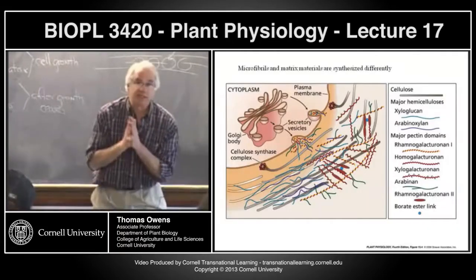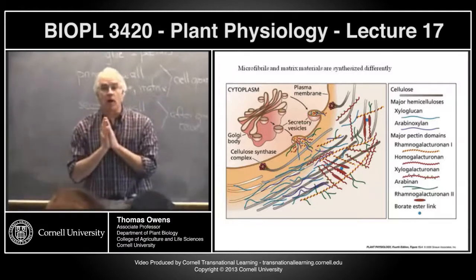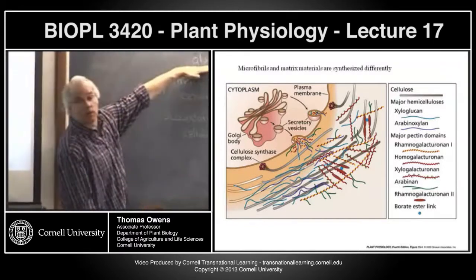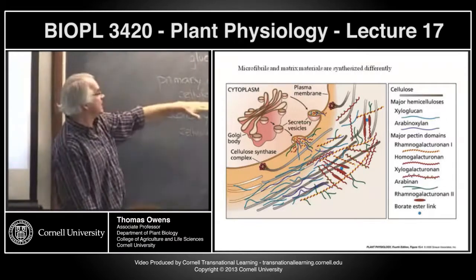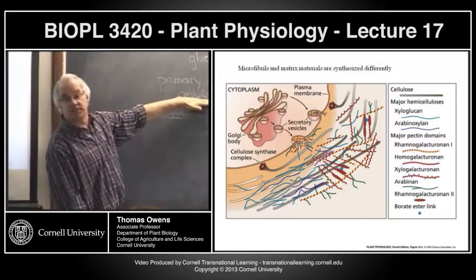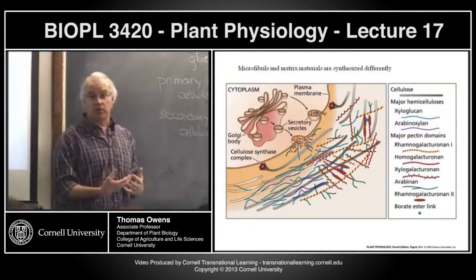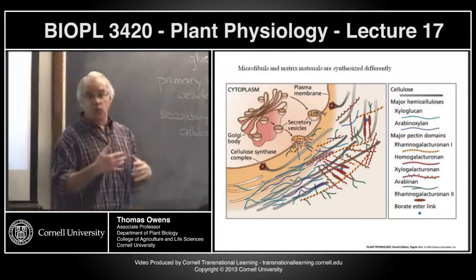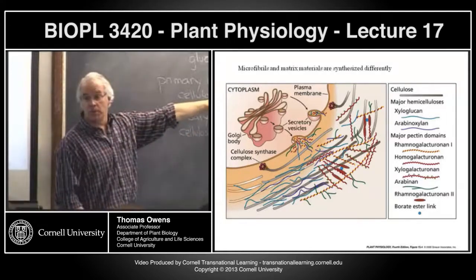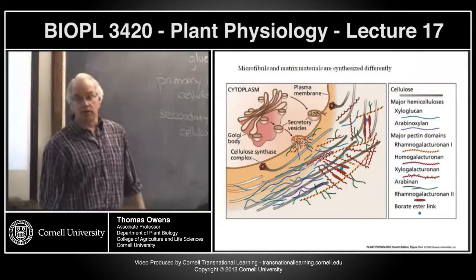Okay, so let's think more generally about the overall synthesis of the cell wall, because basically we said the main part of the cell wall, once we get past the middle lamella, consists of two different types of materials. It consists of cellulose, the analogy to the glass fibers in fiberglass. They're the things that give the wall tensile strength. And they include matrix materials, the resin in which these microfibrils are embedded.